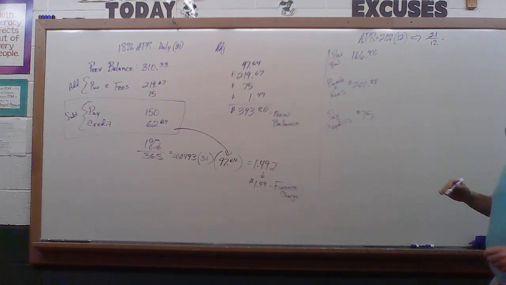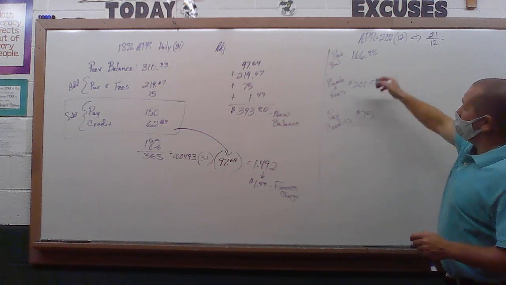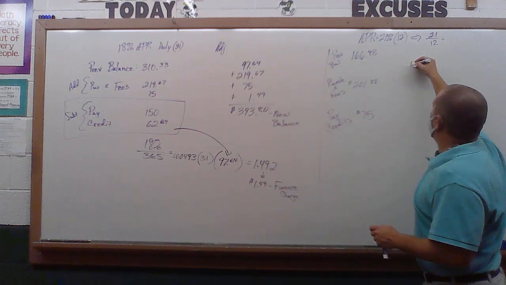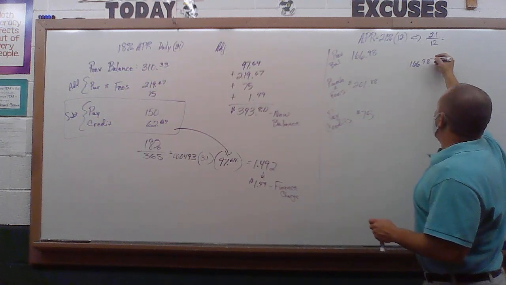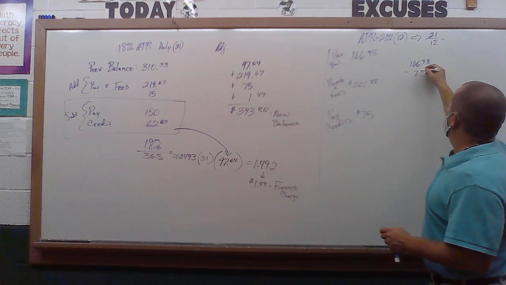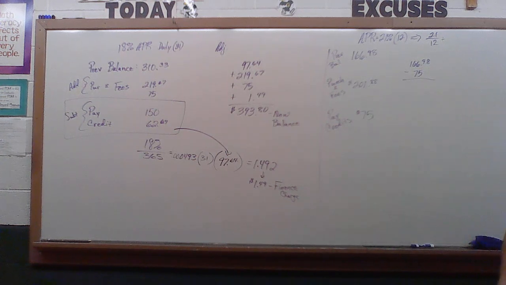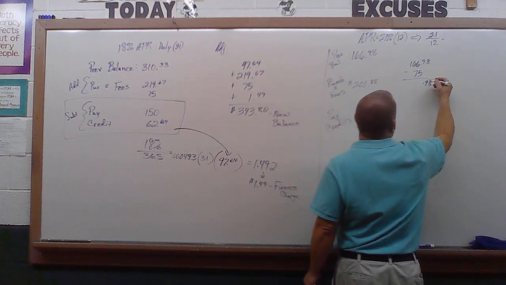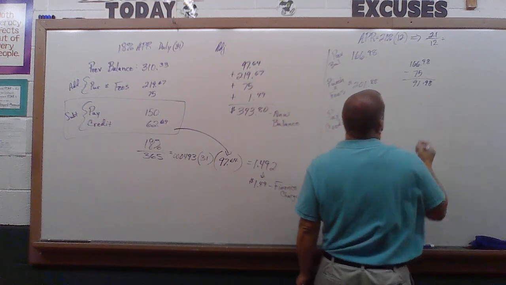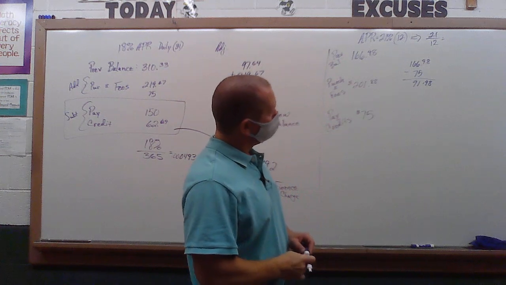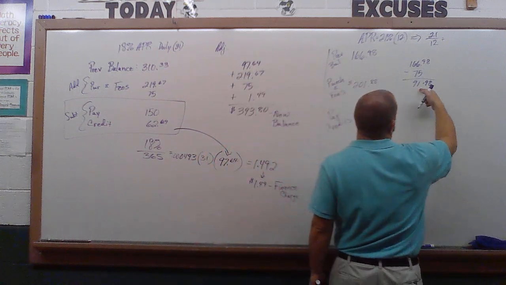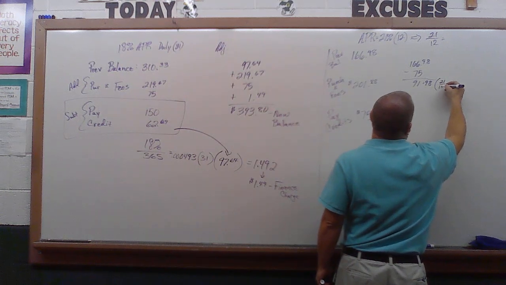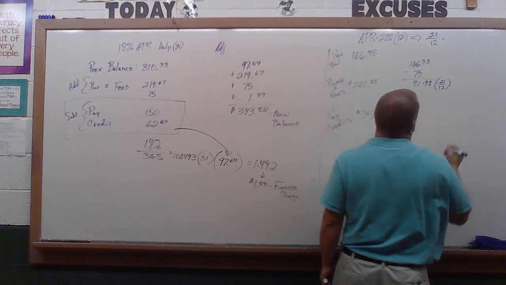For the math part over here, we take our previous, which is 166.98, and subtract out our payment, right? So we get 91.98.